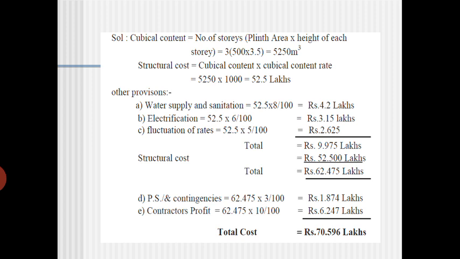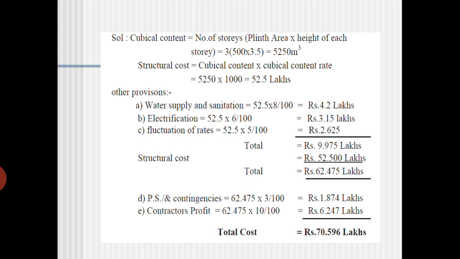Normally when you are calculating the contingencies, it is calculated as 3% including the structural costs. So that is 62.4, which we already discussed in many of our slides. You can go through the slides where we consider the 3% of total structural cost. Even the contractor profit is on the total of those structural elements.